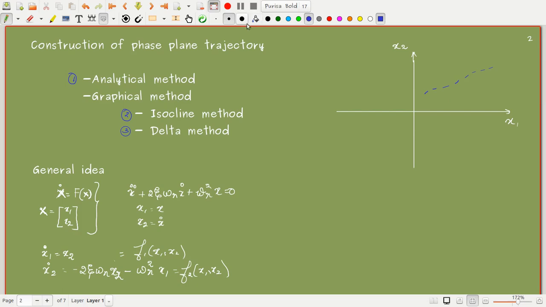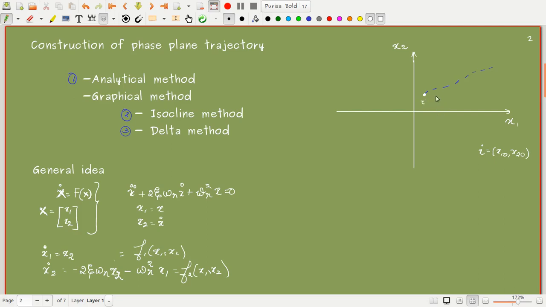What we usually do is, suppose you are given an initial condition, x10 and x20, which are the initial conditions of the system.